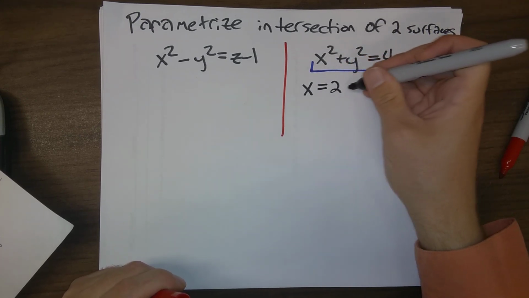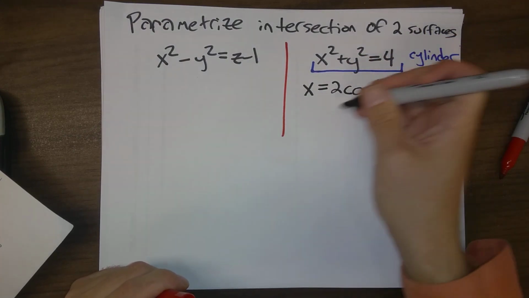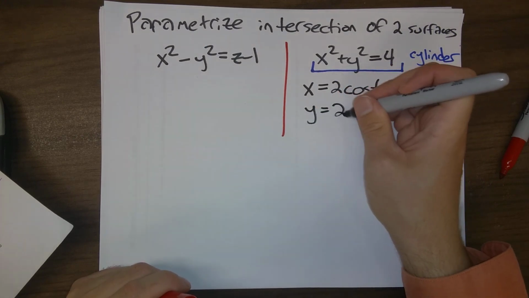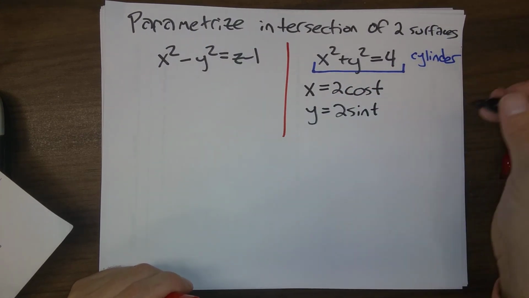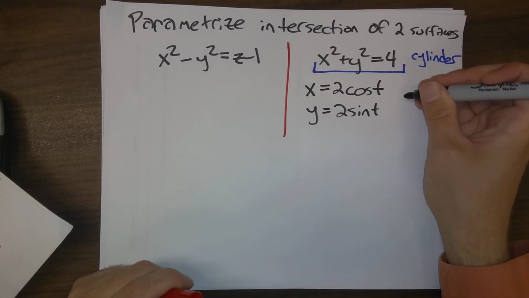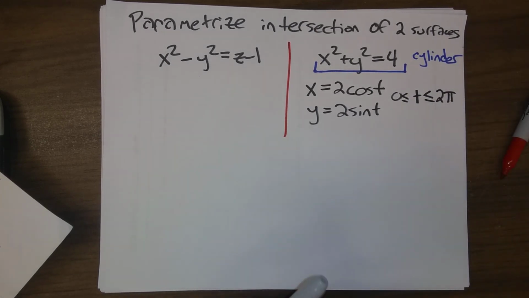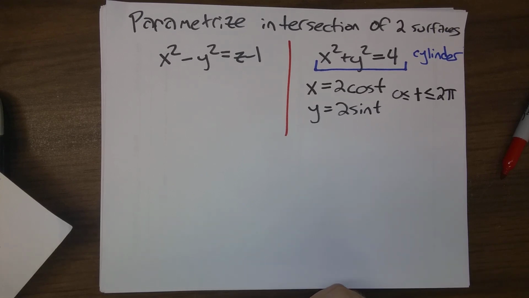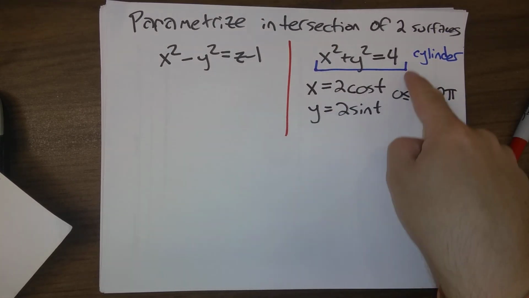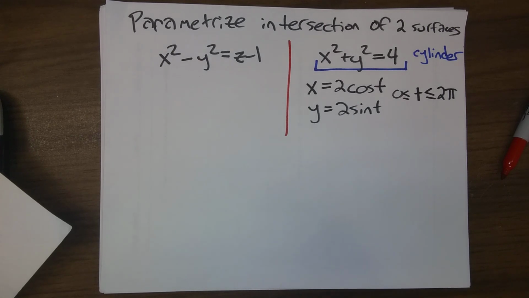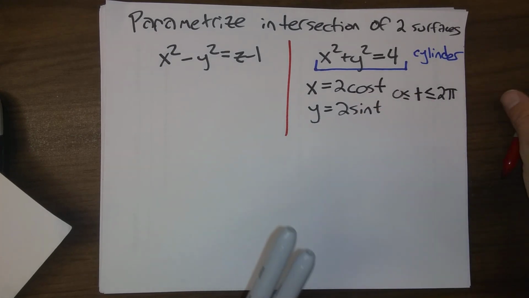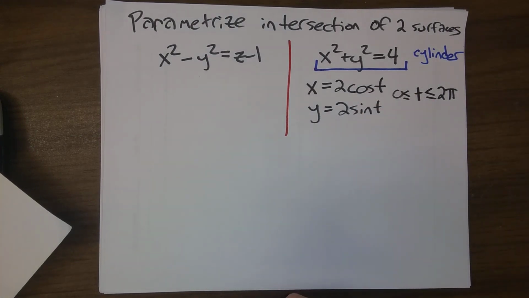So we could parametrize it with x is 2 cosine t, y is 2 sine t, where t runs from 0 to 2 pi. So if we want to parametrize our cylinder, which looks like a circle in the xy plane, we can just use the standard parametrization for the circle.